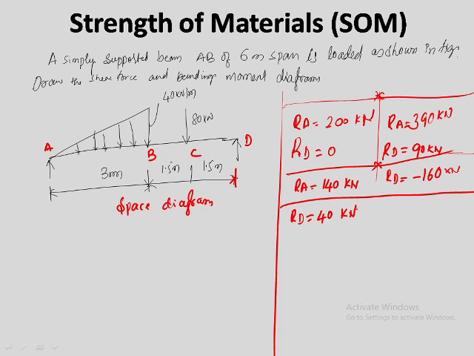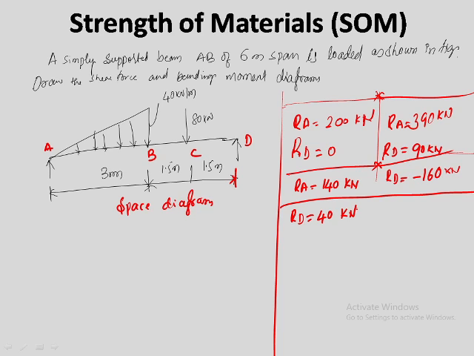See, if you done proper solution, or if you tried to get the solution, it is good. Because the shear force and bending moment diagram is mainly based on finding out the reaction force.